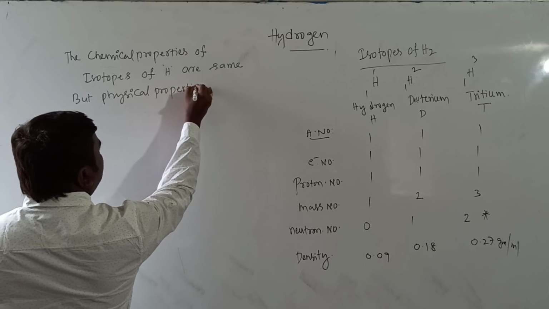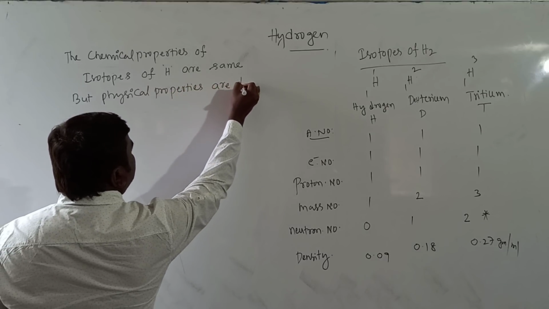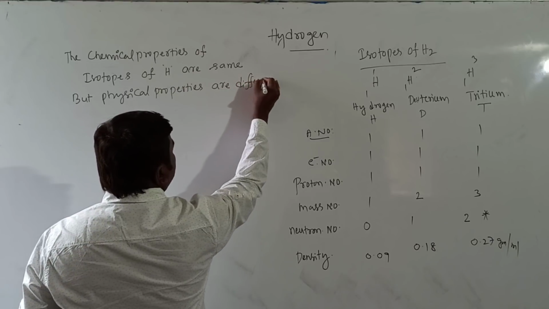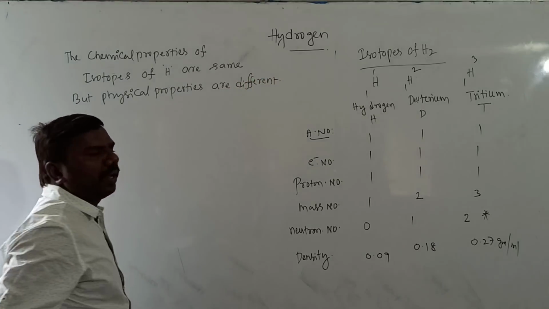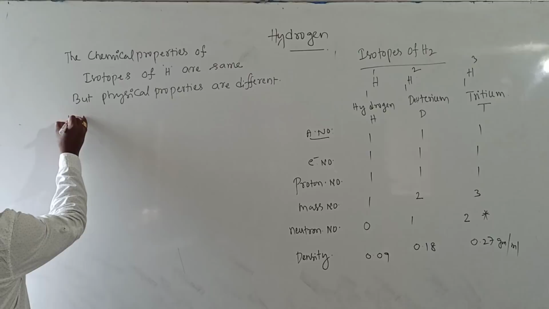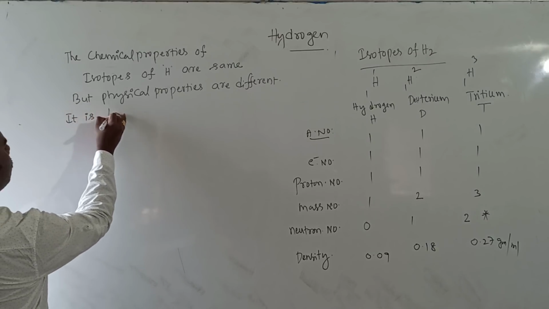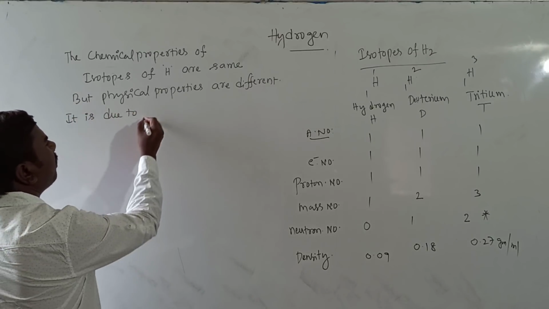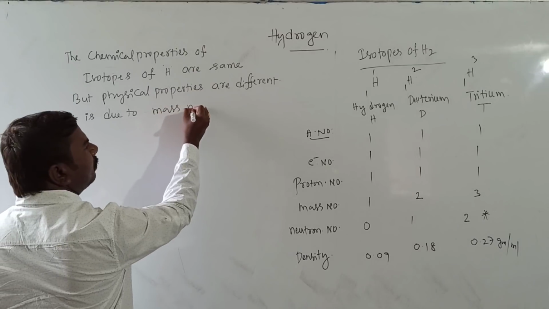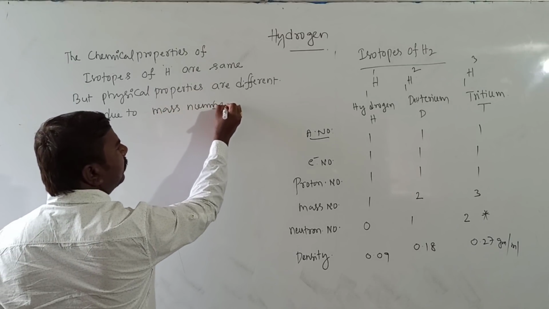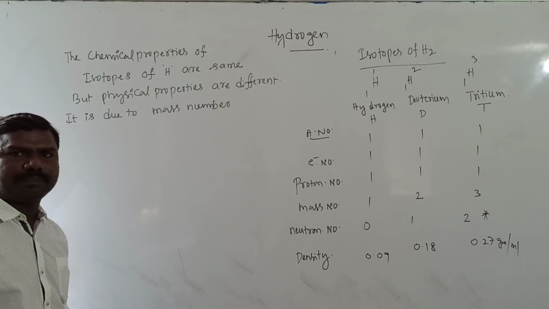Physical properties are different. It is due to the mass number. Which number? That is mass. The difference in mass.